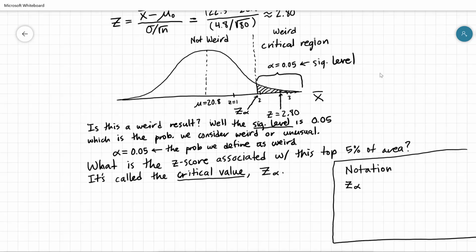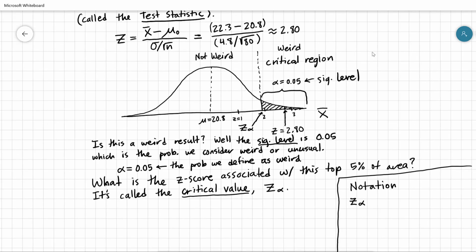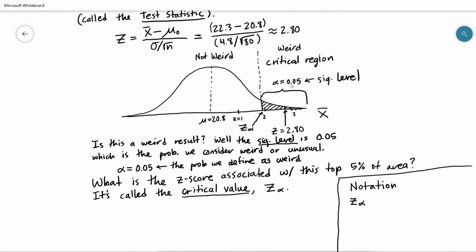But this was a right-tailed hypothesis. It's possible to have one of the two other forms that we've talked about. It could have been a left-tailed or a two-tailed hypothesis. If it was left-tailed, this would be the region that we would be considering weird, over in the left tail. It would be the same z-score to cut off this mirror image region, except, as we've talked about before, if this z-score is some positive number, the mirror image z-score will be the negative of that same number.